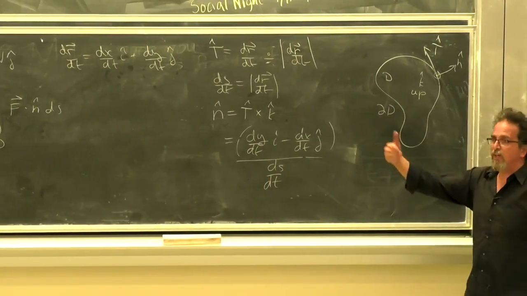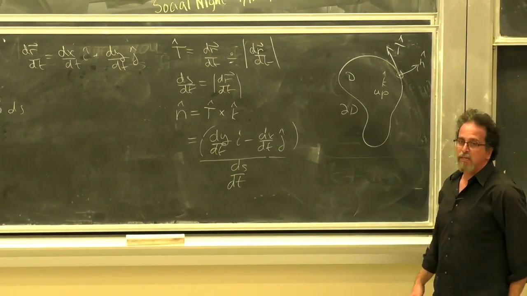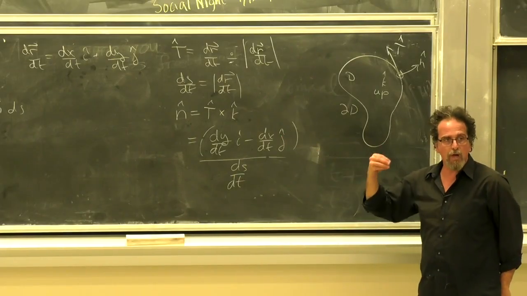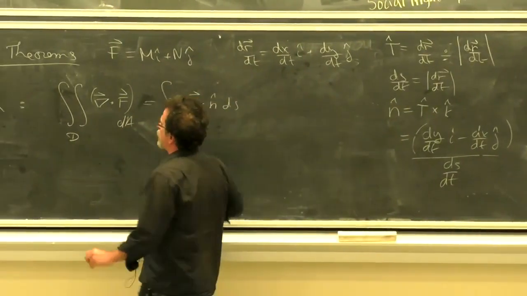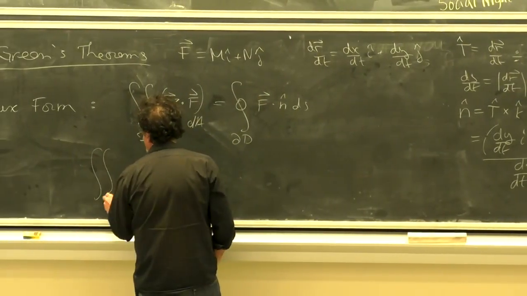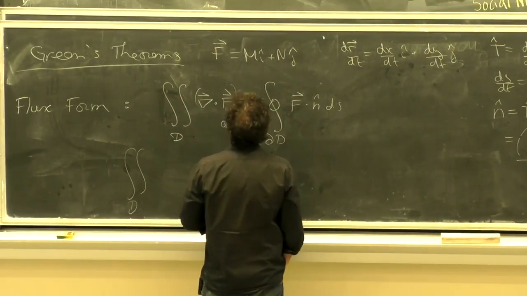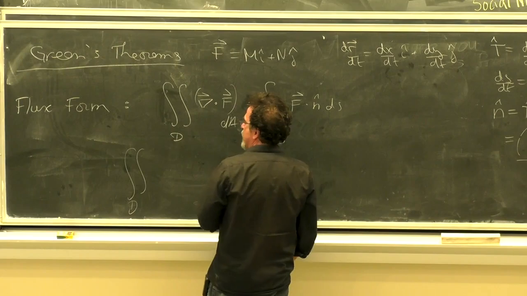Okay? So the flux form of Green's theorem is written this way. But if you want it in its gory detail, you want to substitute what F is in here. And we'll need this in a second when I prove this. F is M i hat plus N j hat.